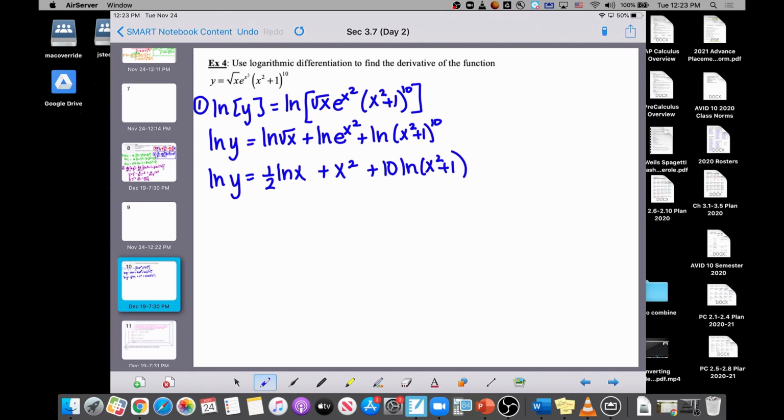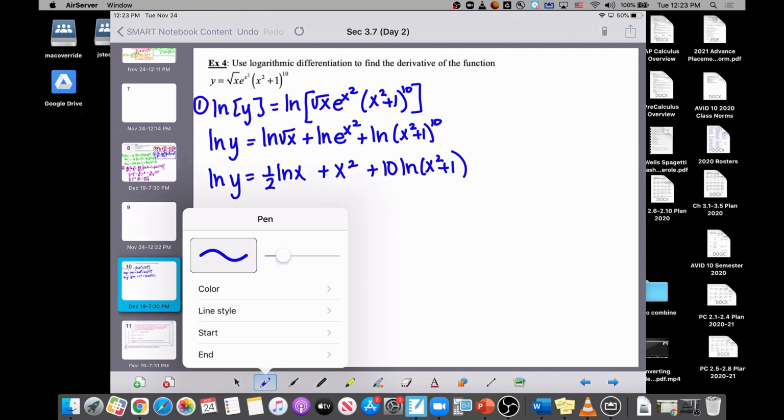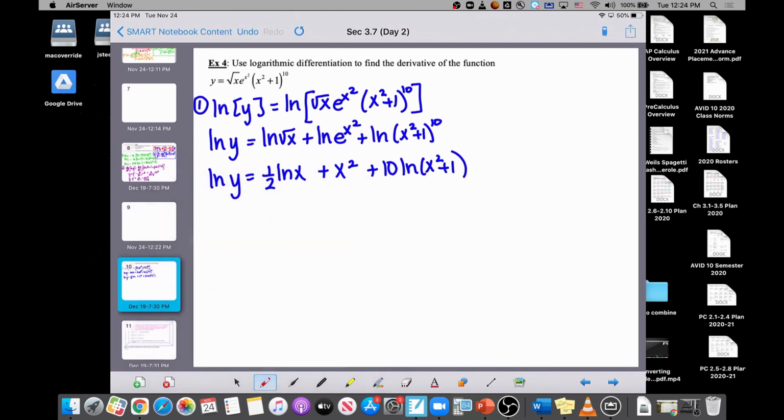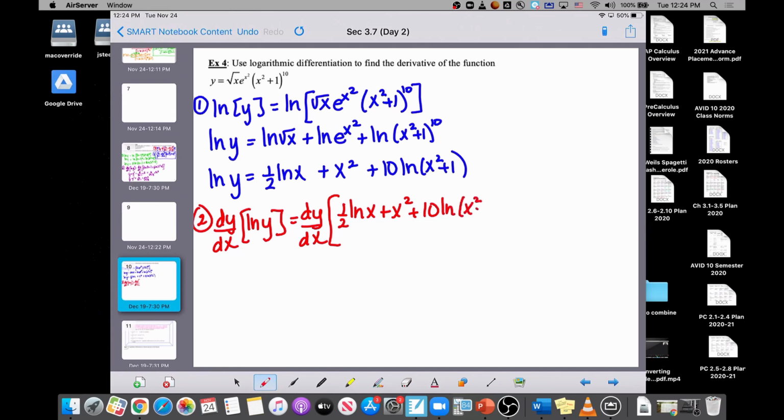Now step 2, I'm ready to take the derivative of both sides, the dy dx step. So step 2, I'm going to do dy dx of natural log y, and I'm going to do dy dx of my 3 terms over here, 1/2 ln x plus x squared plus 10 natural log x squared plus 1.